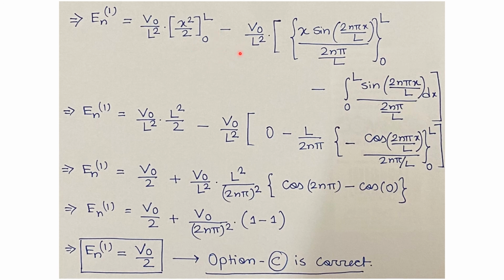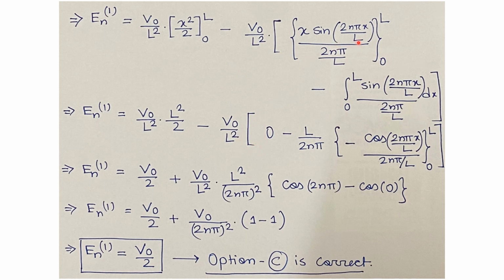So this will give V0 by L square times x sine 2 n pi x by L whole divided by 2 n pi divided by L from 0 to L, minus integration 0 to L sine 2 n pi x by L divided by 2 n pi by L times dx. So this term will basically give V0 by L square times L square by 2, and for this term we will have V0 by L square times 0.